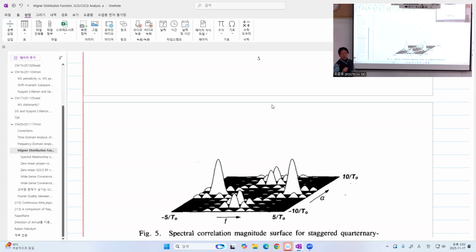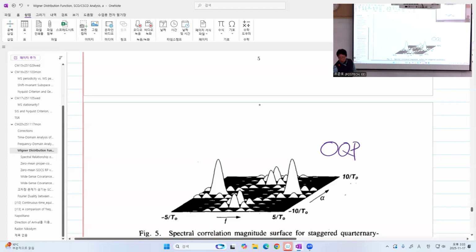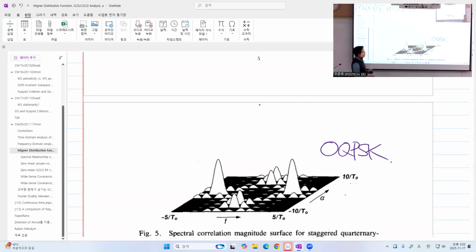So impropriety is a little bit smaller than BPSK. What would be that? It is actually OQPSK. OQPSK is different from BPSK and also different from QPSK. It is different from BPSK in that it transmits a QPSK symbol after staggering two BPSK signals. And it's different from QPSK in that it's improper.